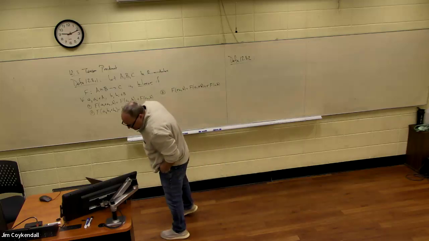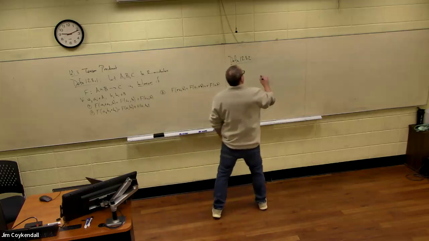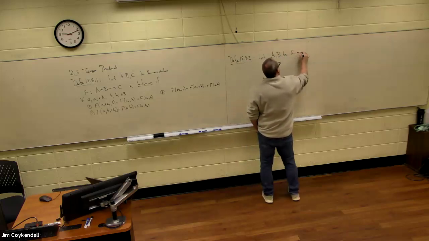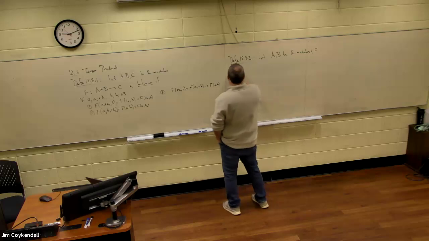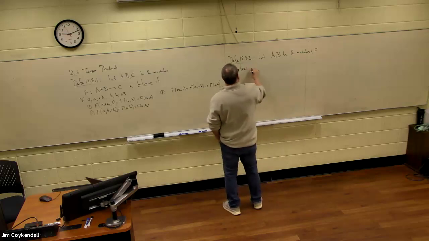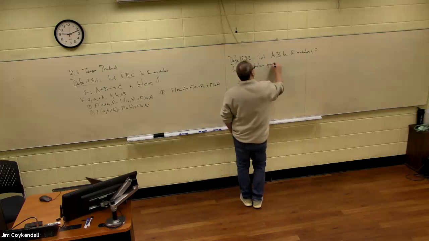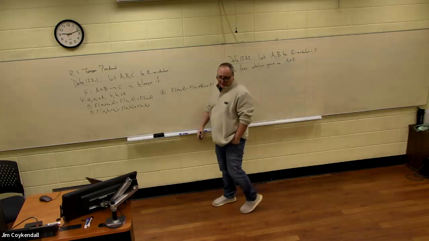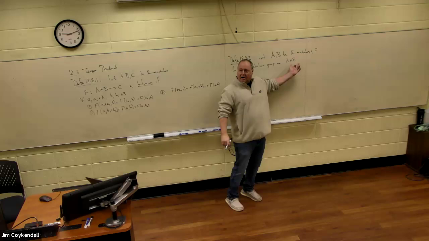Let A and B be R modules, and let F be the free abelian group on the Cartesian product A cross B. So in other words, you consider every distinct element of A cross B, any little (a, b), as one of your basis elements in the free abelian group.